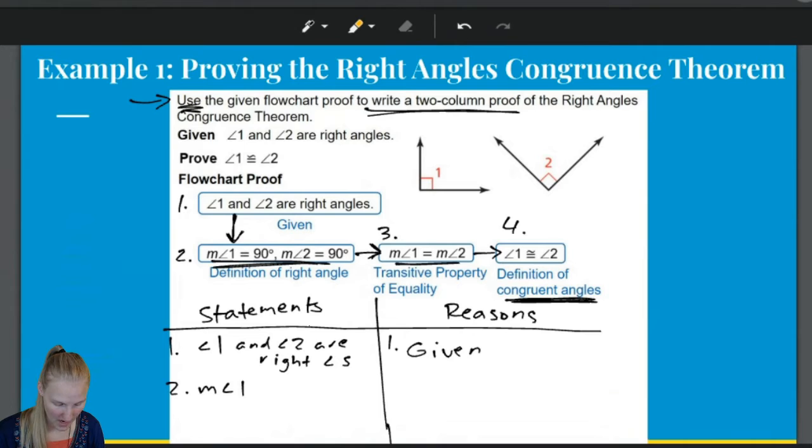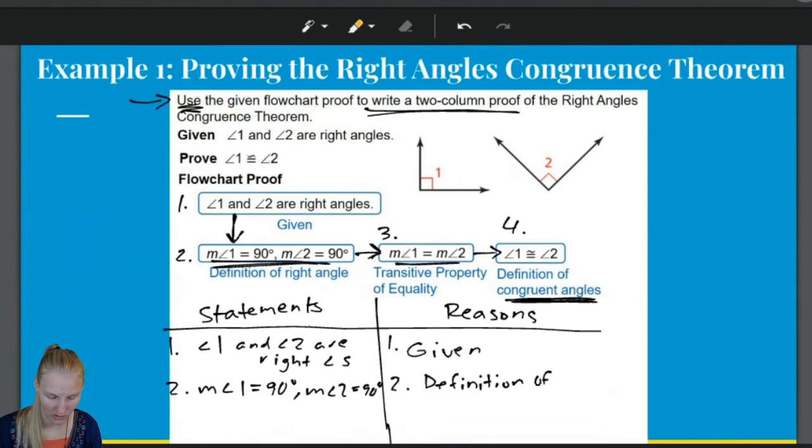If they are right angles, that means that they must be 90 degrees. Why? Because that's what it means to be a right angle. That's the definition of a right angle.